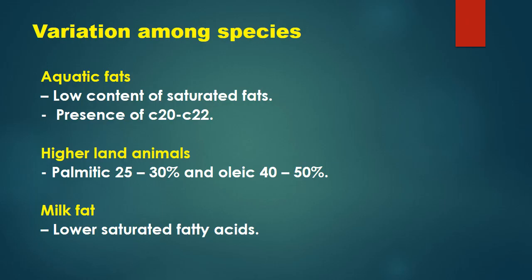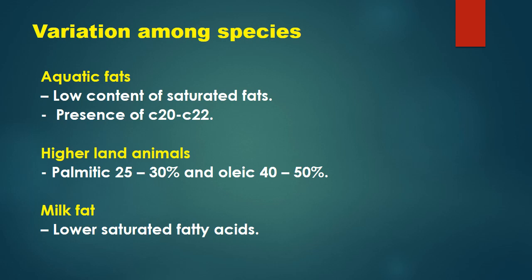Here we can see the variation between species in a common sense, mostly in case of fat from aquatic animals. The saturated fat is less, and the presence of long chain unsaturated fatty acids or PUFA, that is C20 and C22, is more.